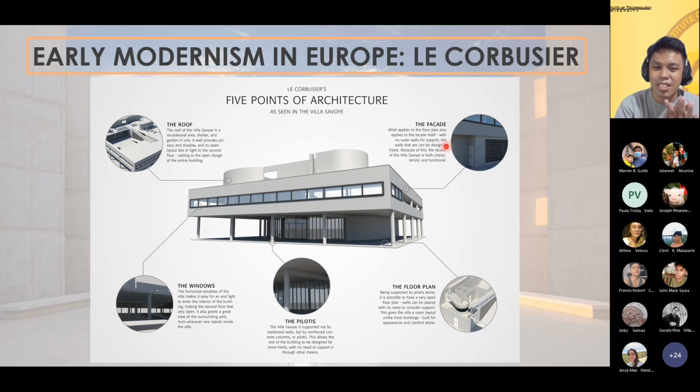It's just a flat facade. Then the ribbon windows, meaning a straight window running from one end to the other. And the pilotis are these stilts right here that elevate the structure.